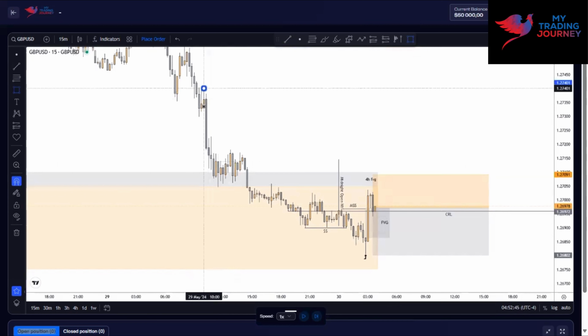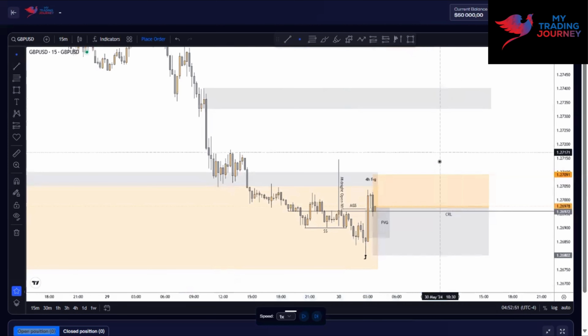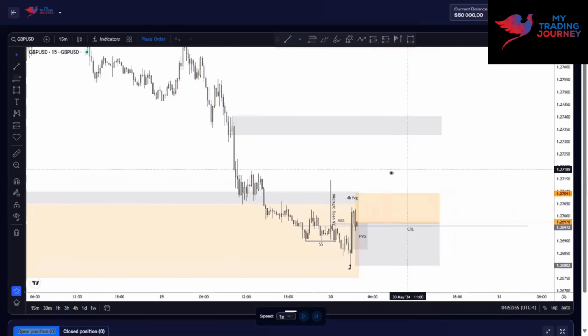This is my next target, and if it doesn't give me the overall RR that I usually want, I'll just mark this as my next target.